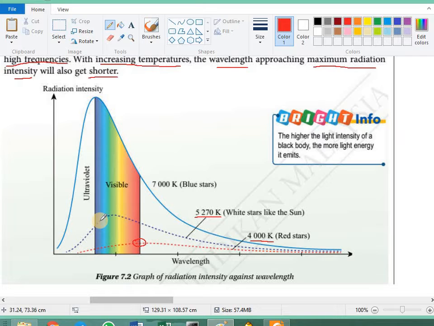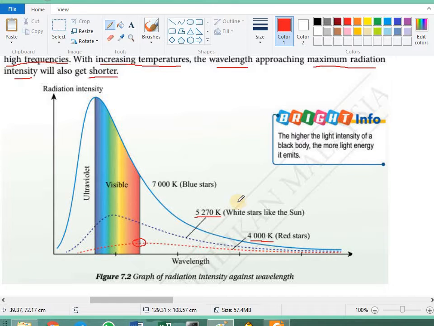When it can oscillate at higher frequency, it will be able to emit the electromagnetic radiation in almost all wavelengths, almost all frequencies, almost all of the visible light, all the different colors of light.